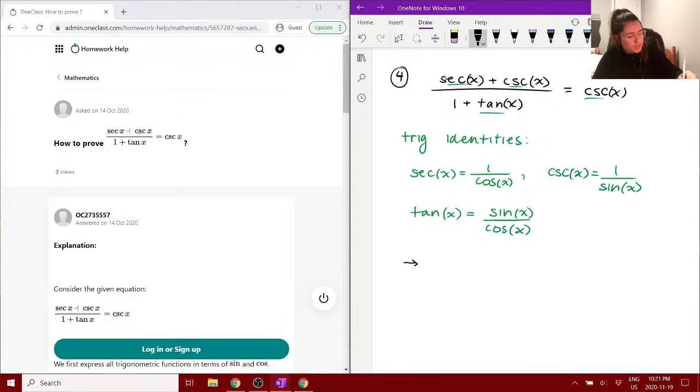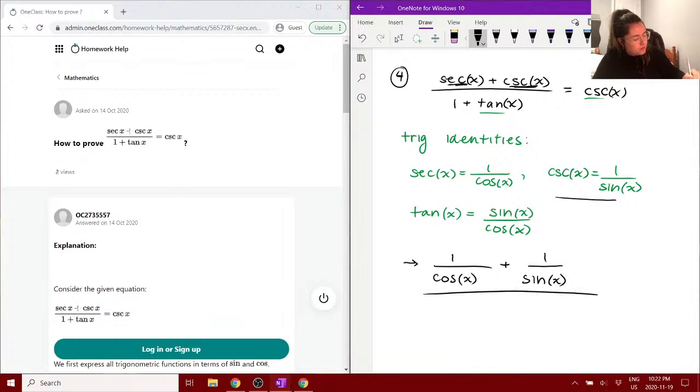For secant, the first term, we can already sub in our identity of 1 over cosine x plus cosecant x, which we said is equal to 1 over sine of x, and then all over our 1 plus tan of x, which we said is sine of x over cosine of x.